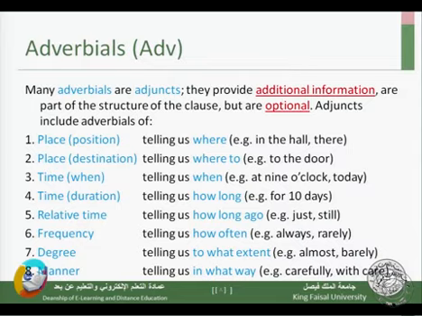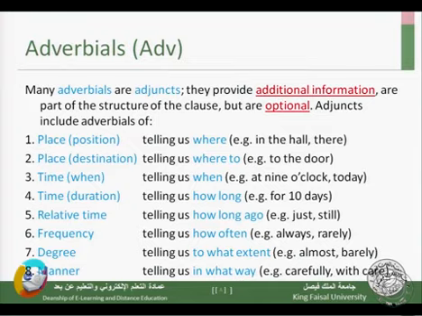Adjuncts include adverbials of place giving position. They tell us where something is. For example, in the hall or there. This is an adverbial of place that tells us where something is, the position.